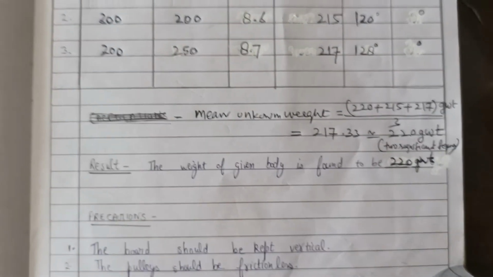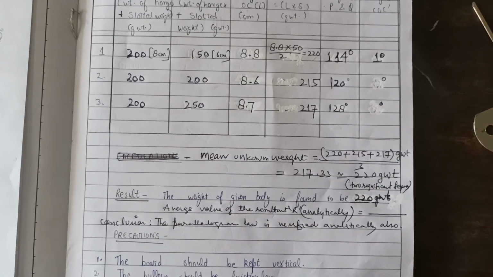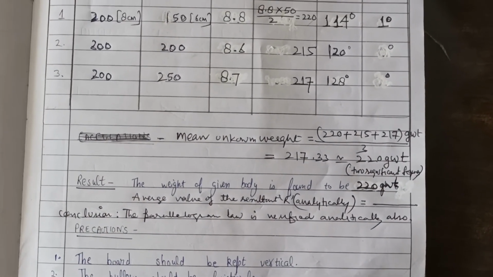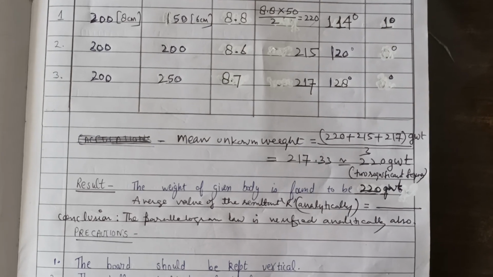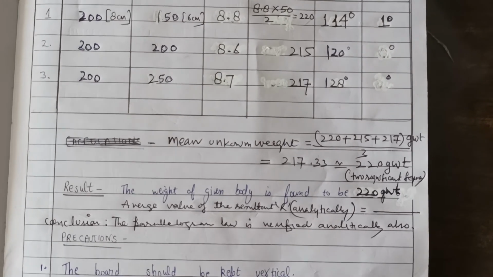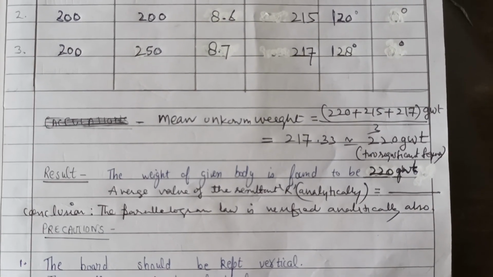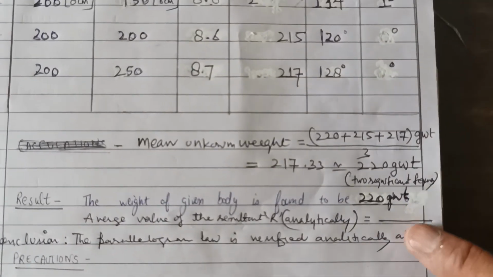Then you will write here a conclusion that the parallelogram law is verified analytically also. So here in this part I have left for you this blank part, this one.